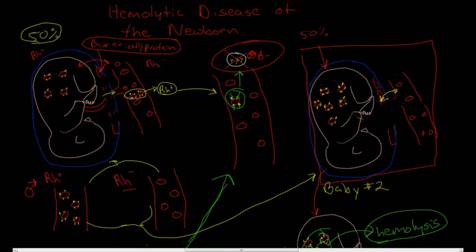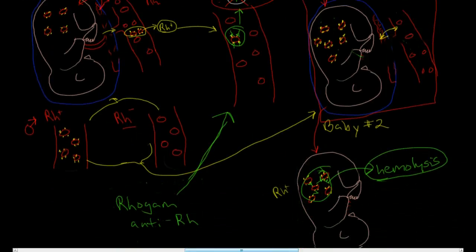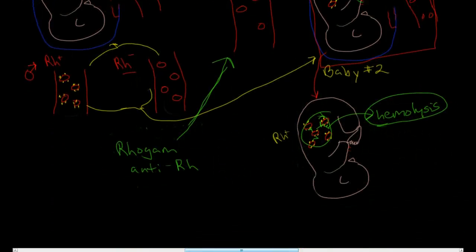Now, if a mother does not receive Rhogam and her baby goes on to develop the hemolytic disease of the newborn, manifestations are going to be anemia, and the reasons for this are obvious because red blood cells are lysed and broken down.